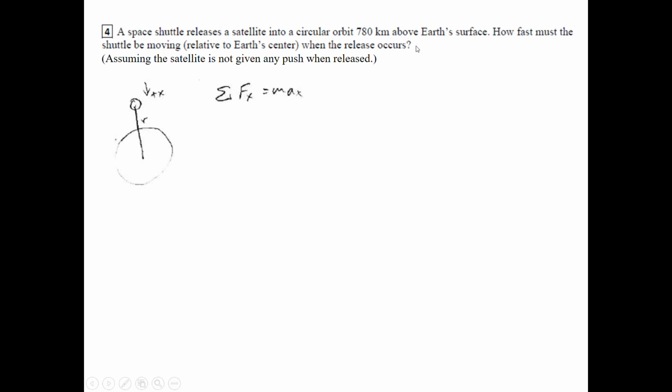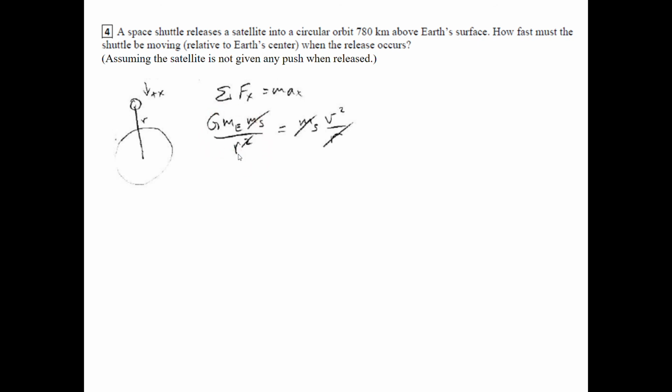Here I started from first principles. You could use that formula on the previous page, but it's just so simple to get. Again, here's our object of mass m. It's that satellite, and there's only one force on it, the force towards the center of Earth. I'm going to choose that to be my plus x direction and do the sum of the forces x components equals max. There's only one force acting, and this is its x component.